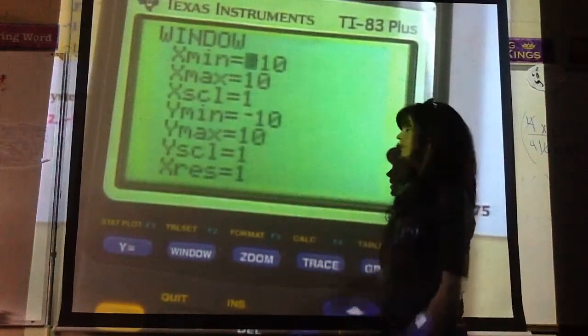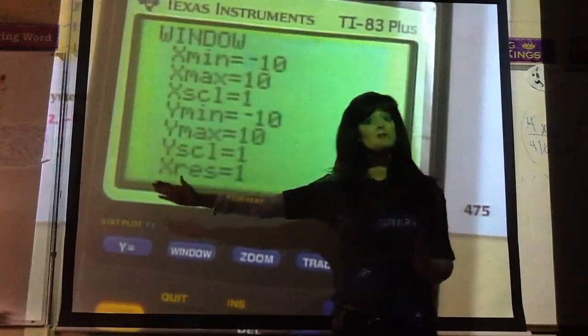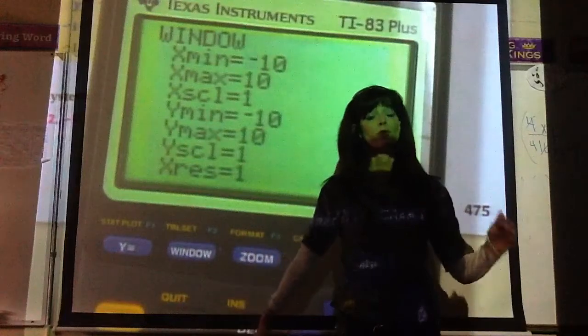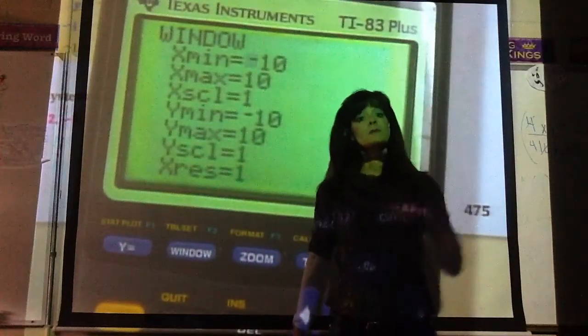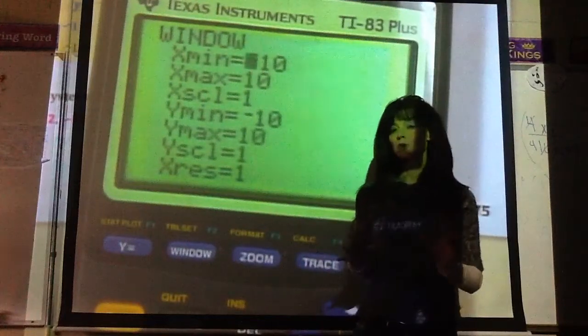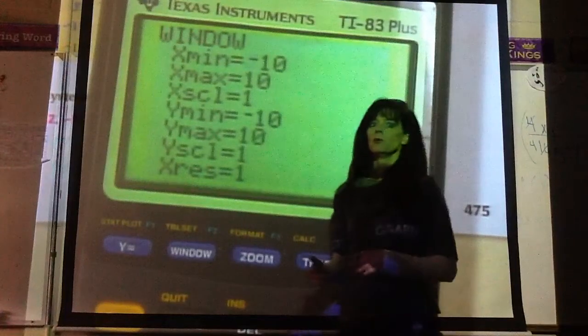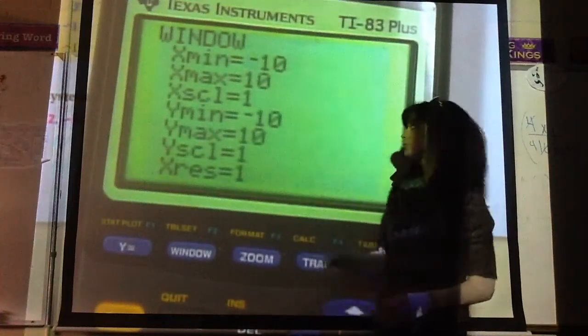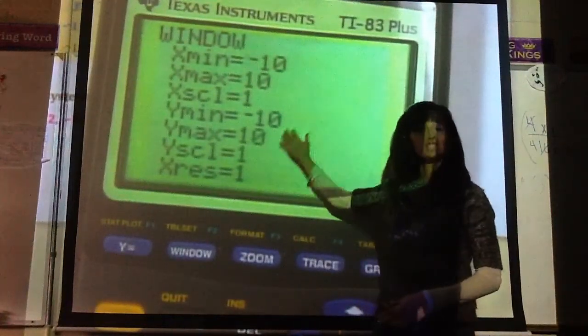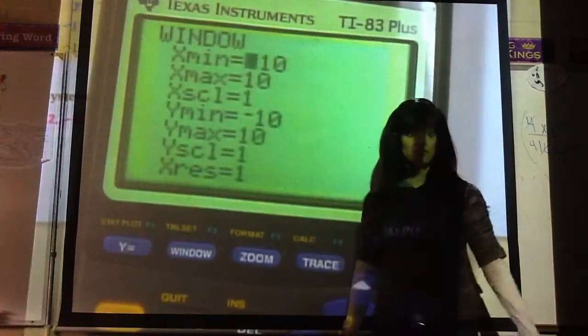And all that is that it's going to graph you within 10 units to the right of your origin, 10 units to the left of your origin, 10 above and 10 below. And that should satisfy for most equations. Sometimes we'll have word problems that we might want to graph and look at. And of course with word problems, we're dealing usually with higher values, so it would need us to go in and change this. But for what you need to know now, this is where your window set should be, okay?